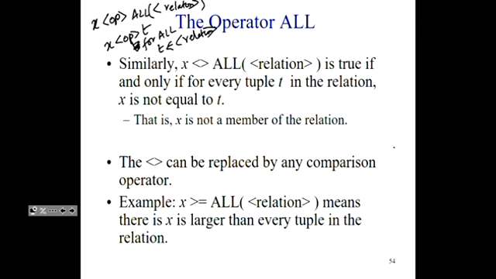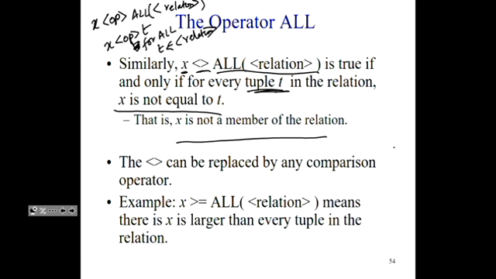As an example, if x not equal to all of relation, this is true if and only if for every tuple t in the relation x is not equal to t. In other words, x is not a member of the relation.